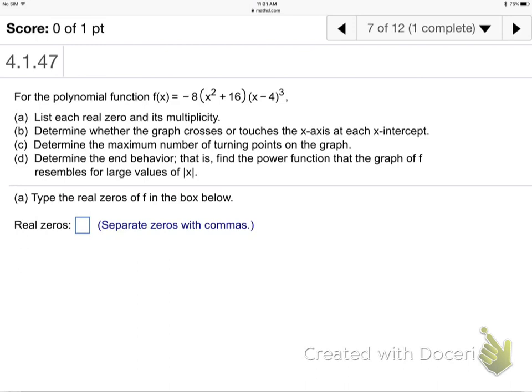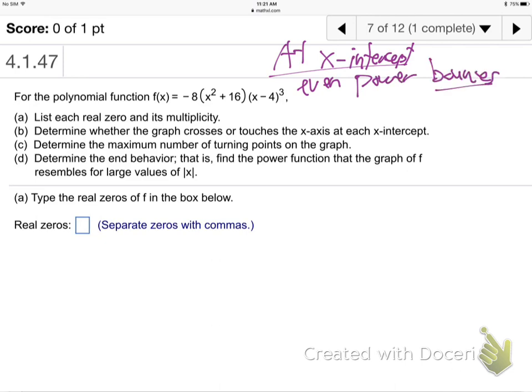Let me write that again. At an x-intercept, if it's got an even power, it bounces. If it's got an odd power, it passes through, or they say crosses, same thing.